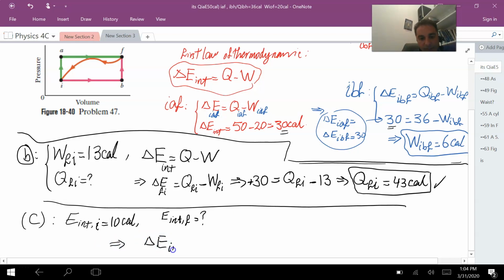I know that delta E internal overall is E final minus what? E initial. Therefore, what can I say?